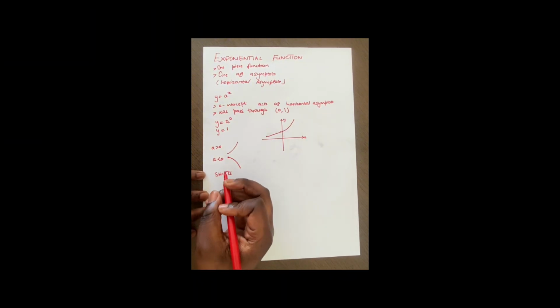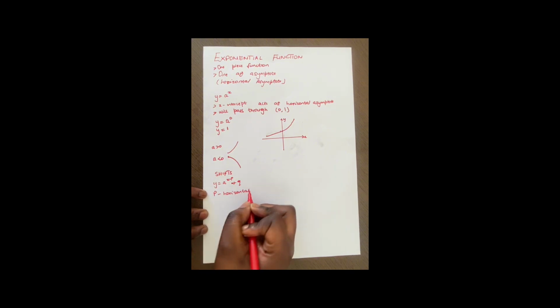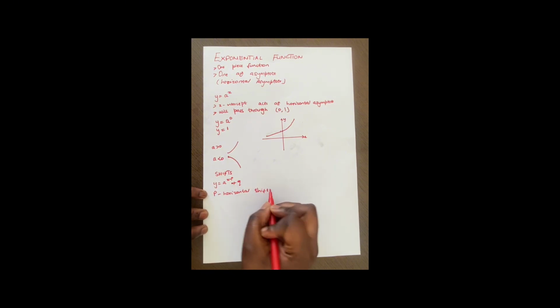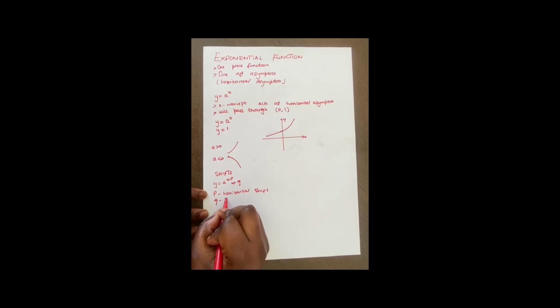Okay, so now if there are shifts, you find a new standard form, which is y is equal to a times x minus p, plus q. So these are shifts. p is your horizontal shift and q is your vertical shift.